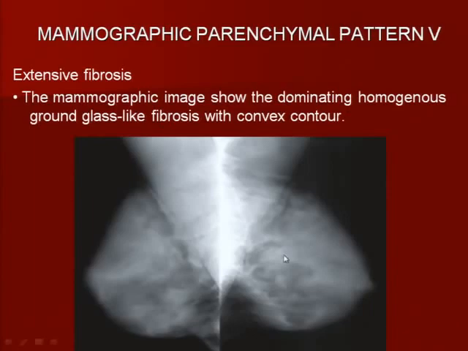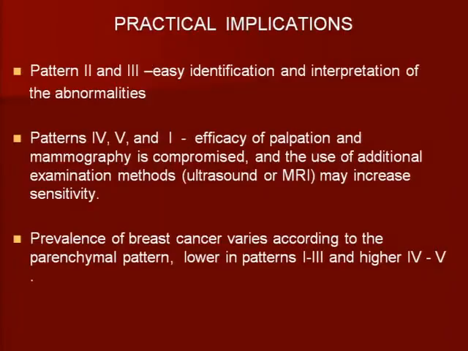It's homogeneous. And this kind of breast, no matter what age you get it, is resistant to change. It just doesn't change. Why? Because it's fibrosis. Fibrosis will never change. So in type 2 and 3, which are fatty, you can see abnormalities. You're not worried. Type 1 sometimes, but type 4 and 5, most of the time you end up using other modalities to help you, like ultrasound and MRI.